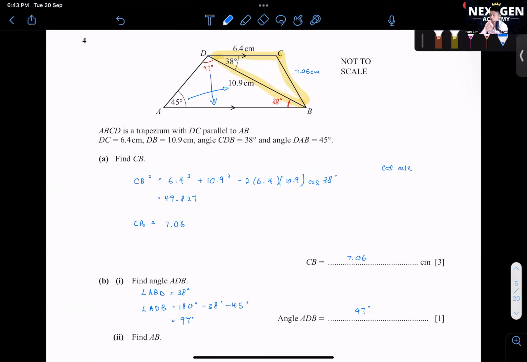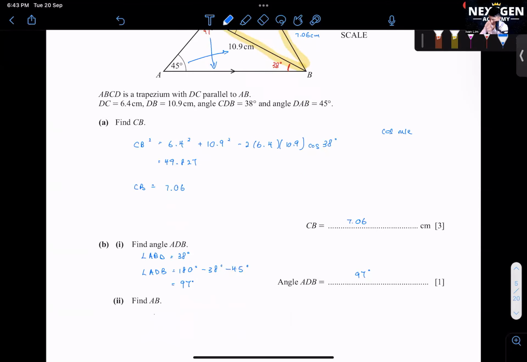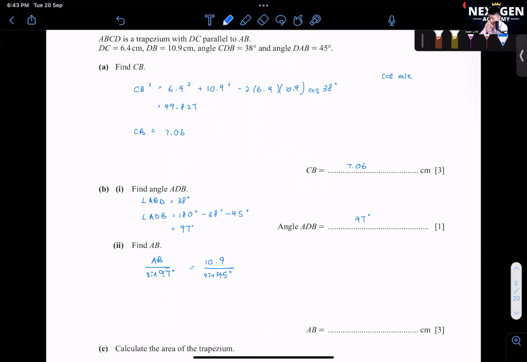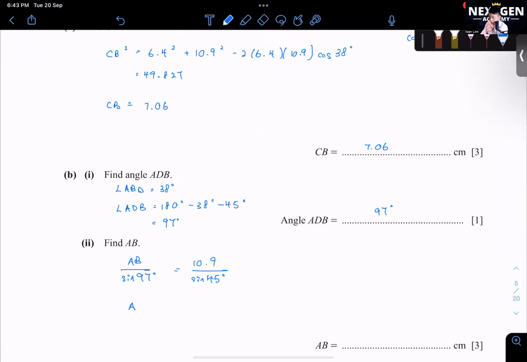So the formula will be AB over sine 97 degrees equals 10.9 over sine 45 degrees. Go and type this in the calculator. You get 15.3. Okay, this is using your sine rule.